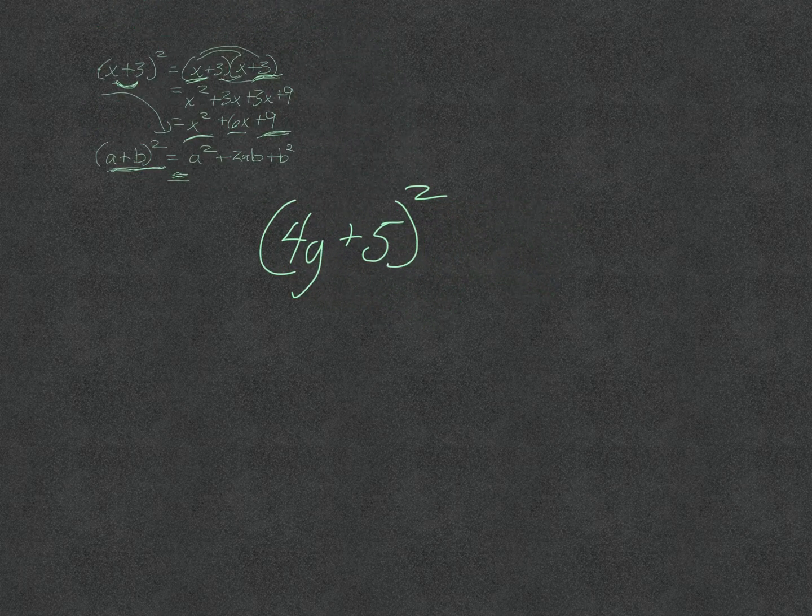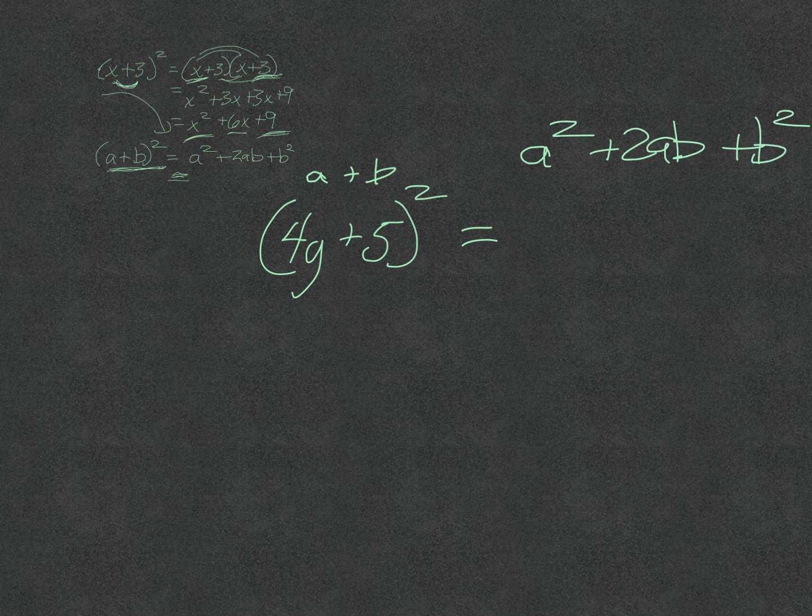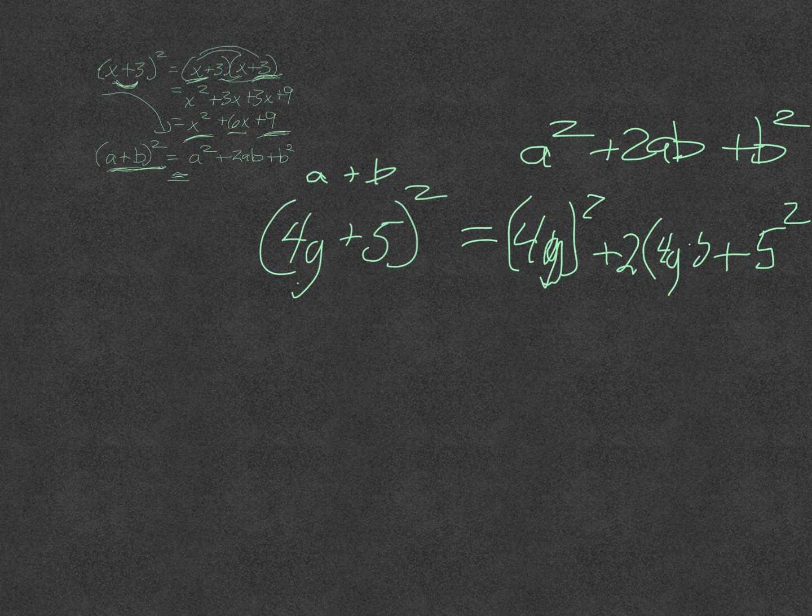So what I notice is that this is an a plus b quantity squared. That means the result should be a squared plus 2ab plus b squared. So a squared, that's the 4y, that's going to be squared. Okay. The b squared is the 5, and that's going to be squared. And then I have to add 2 times the a times the b, which is 4y times 5.